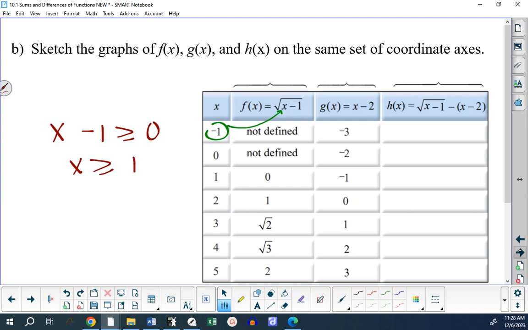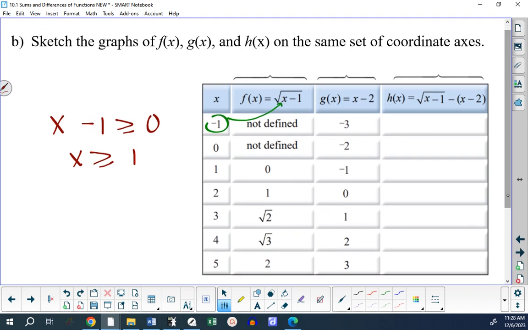And that means you can't start populating the table until you get to x equals 1. Similarly, I hope you understand what's happened to populate the g of x column. I've taken these x coordinates and I've popped them into x in the second column. So the point needs to be made that this column is actually the y coordinate of points on f of x, and this is the y coordinate on points on g of x.